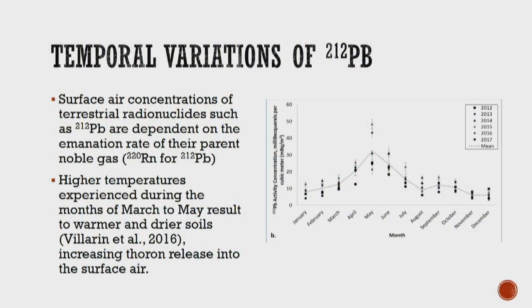For lead-212, as mentioned earlier, surface air concentrations are dependent on the emanation rate of their parent noble gas, and for lead-212, this would mean the emanation rate of thoron gas, which is affected by various parameters such as soil moisture content, temperature, wind speed, air pressure, and so on.